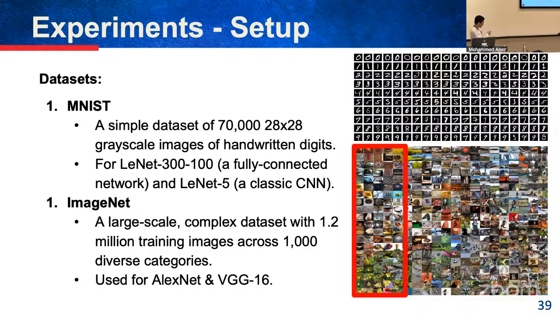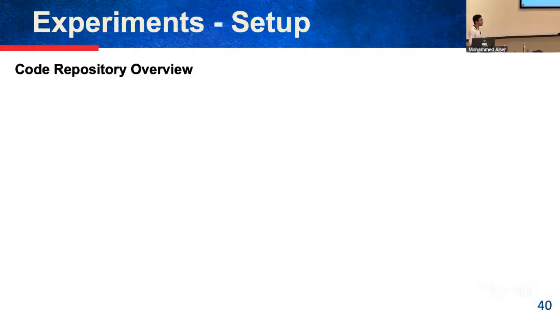If you look at this part of the picture, you can see all kinds of stuff. There is carpet, flowers, eggs. So this is the more complex dataset. They used one simple dataset and one complex dataset, and this complex dataset was used for AlexNet and VGG16.